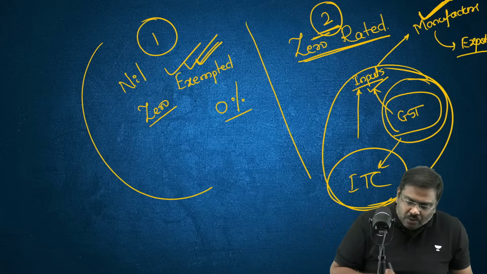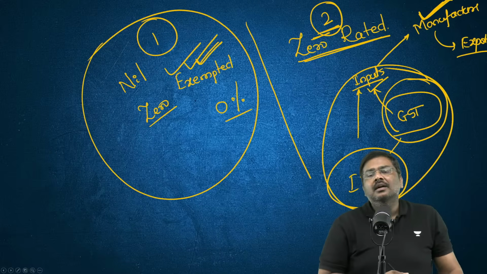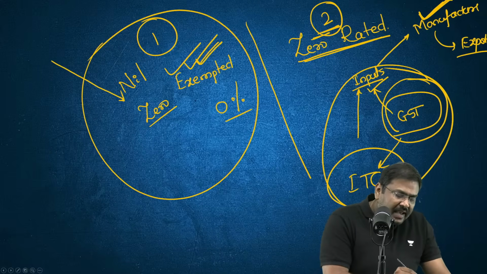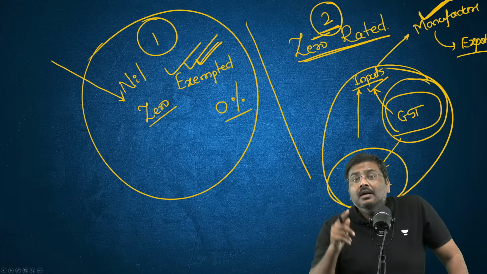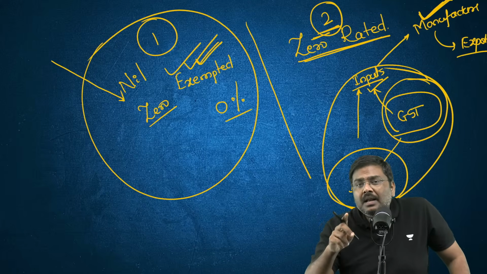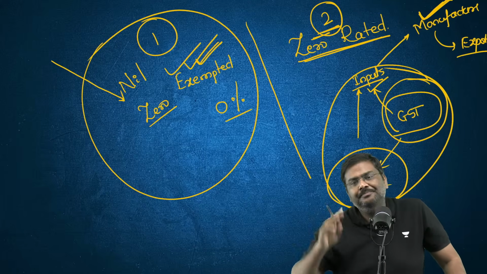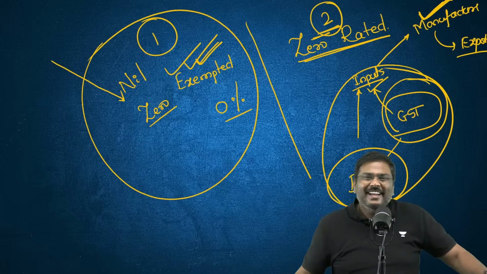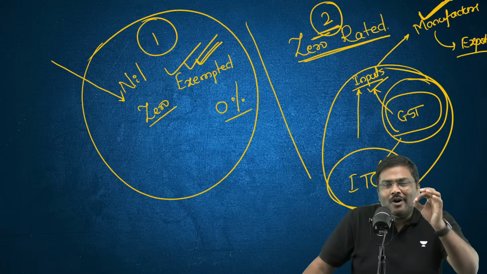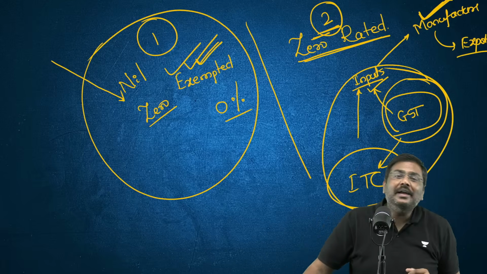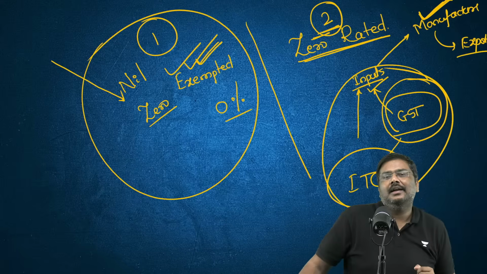Now somebody will try to convince me that, sir, even in the first case, you will get ITC. Then I will realize you people have not read the newspaper correctly. Why? Read the newspapers correctly.